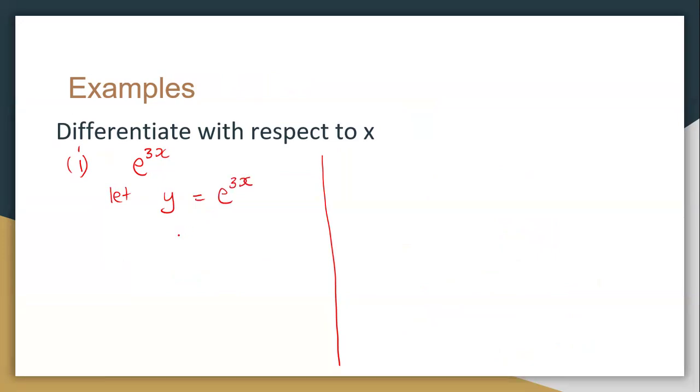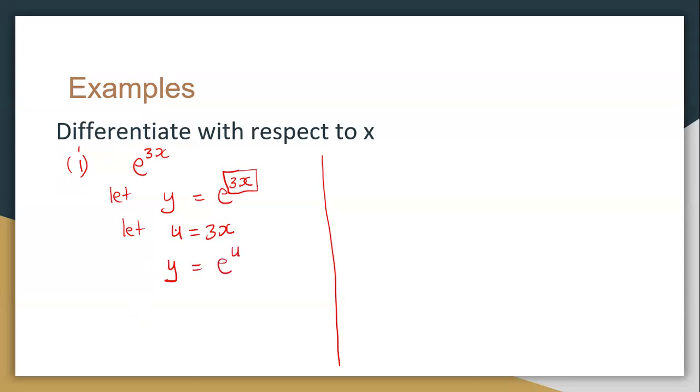Like you have noticed, our exponential derivatives come from the chain rule. If we want to do it from first principles, then we shall say let the power of the exponential be 3x, so let u equal 3x. Then I will have y equal to e to the power u.